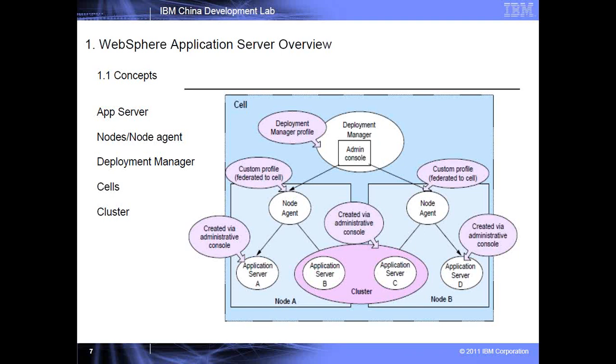While performing the federation activity from your application server to the deployment manager, by default one JVM will be created on that system. The node agent takes care of the communication between the deployment manager and our application server instances. It's a kind of channel.